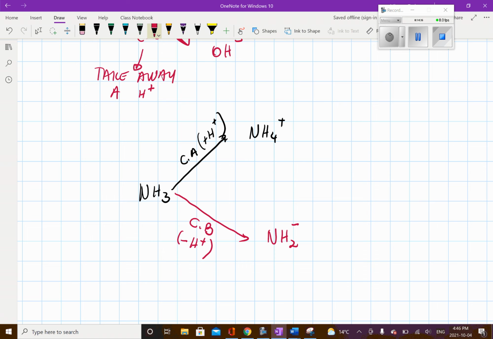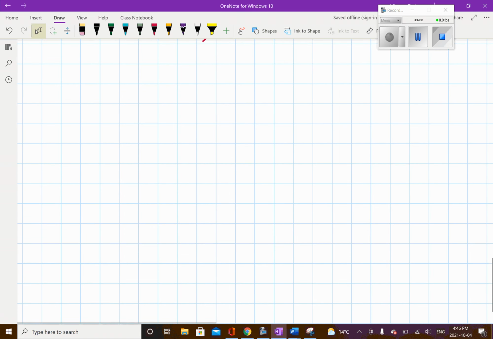And this is the same thing. Let's suppose that we have H2PO4 minus. It is in your data booklet. When we are looking for the conjugate acid, we add a hydrogen plus.